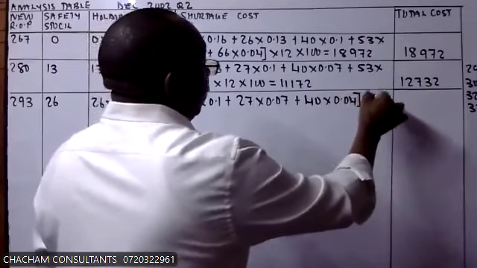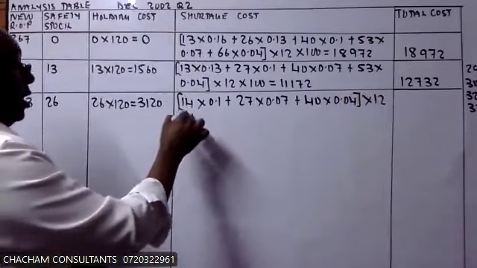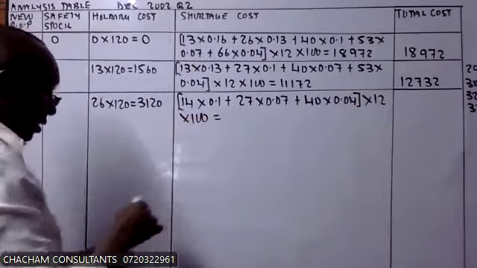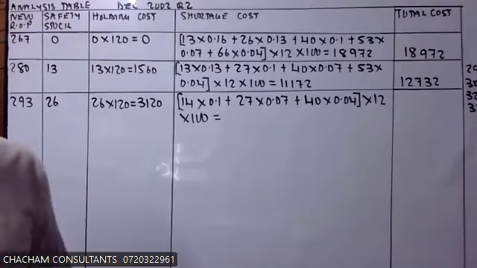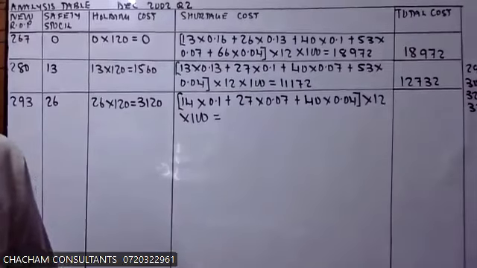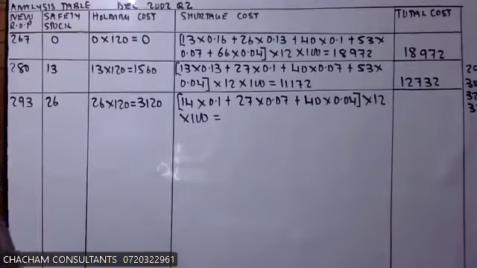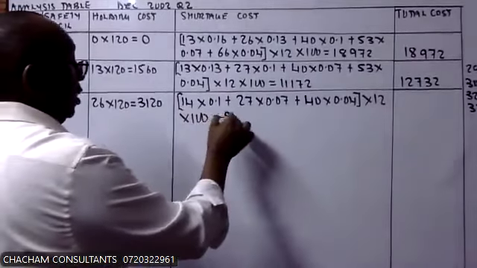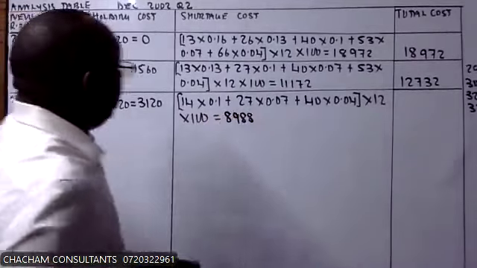Now this can happen 12 times and then 100 per unit. So 89, 88. Just a typing error. 89, 88. Good.